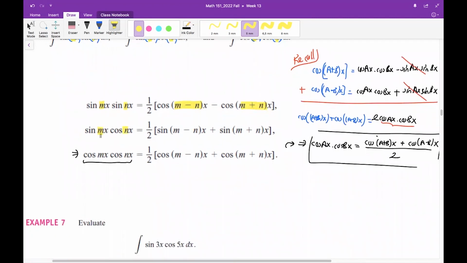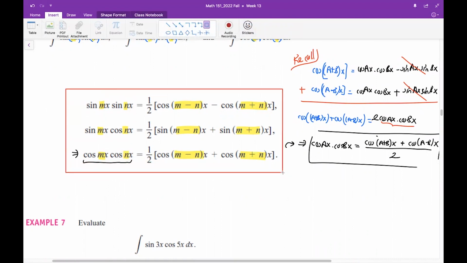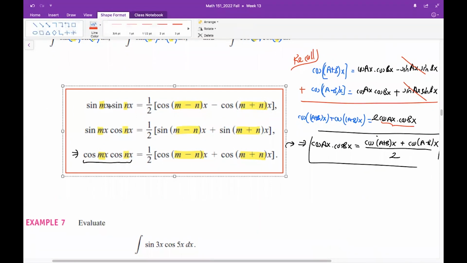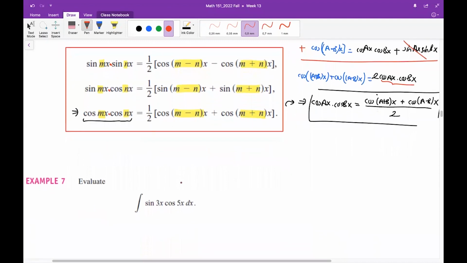The product of sine and cosine with different coefficients inside can be transformed into a summation with these new coefficients. These formulas will make your integral much easier because they are converting these products into summations and differences, which are easier expressions to integrate.